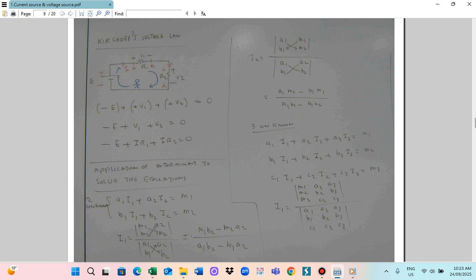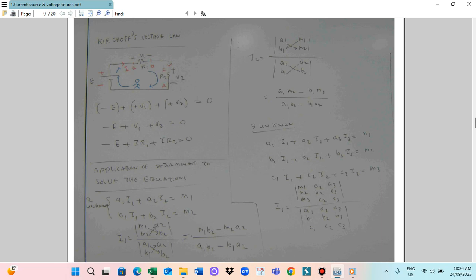After that you have to find the current. If you are working along this circuit in this direction, you will first see the negative point, so you put a negative E. Plus, then you go here, where you put the positive point, and the current I through resistor R1 gives positive V1.